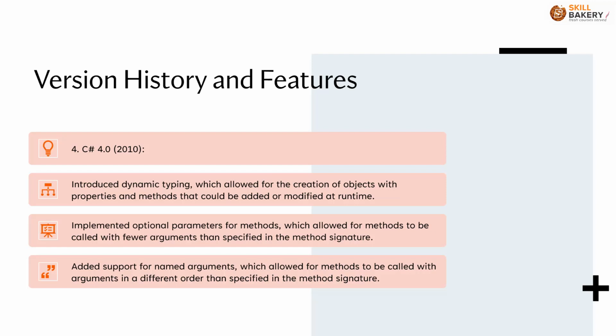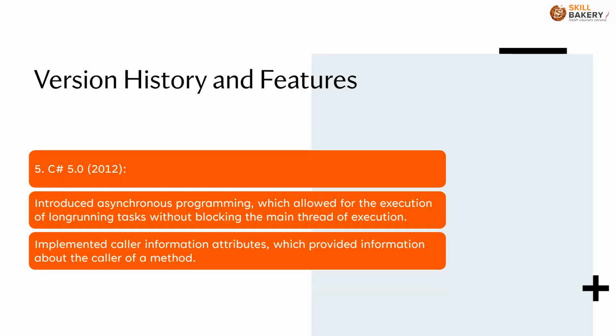It also added support for named arguments, which allowed for methods to be called with arguments in a different order than specified in the method signature. C# 5.0 introduced asynchronous programming, which allowed for the execution of long-running tasks without blocking the main thread of execution. It also implemented caller information attributes, which provided information about the caller of a method.